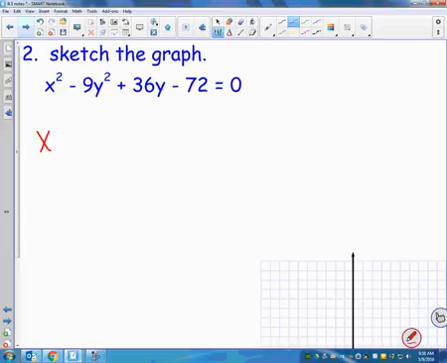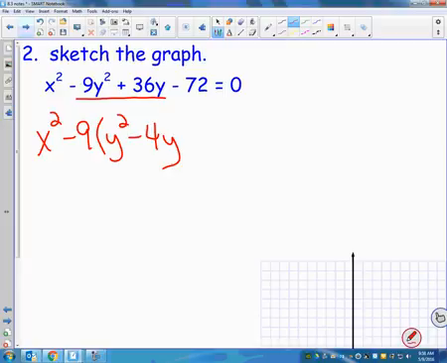But I'm going to leave my x squared, and then I have to put my y's together, and I'm going to go ahead and factor the 9 out of that, because you have to factor out a number in front before you complete the square. So that would be y squared minus 4y. Leave a spot, and I'm going to move the 72 to the other side. Half squared is 2. 2 squared is 4.